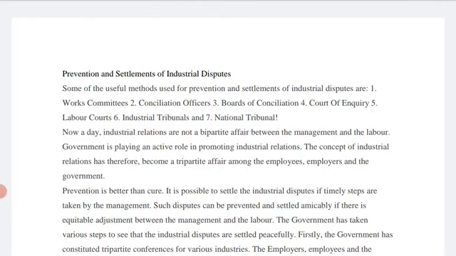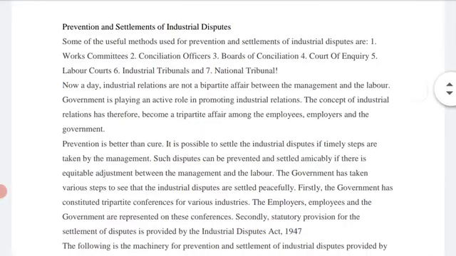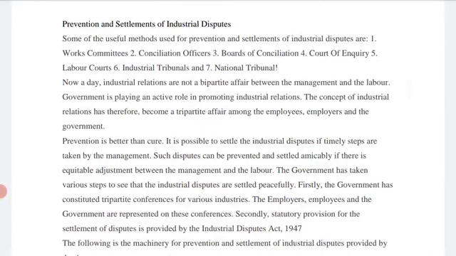It means if you think that something might result in an industrial conflict or dispute, then immediately what you are required to do is prevent it. Try to control it at that time itself. You can settle it by discussing, by conversing, by communicating, or through certain other ways. It is possible to settle industrial disputes if timely steps are taken.